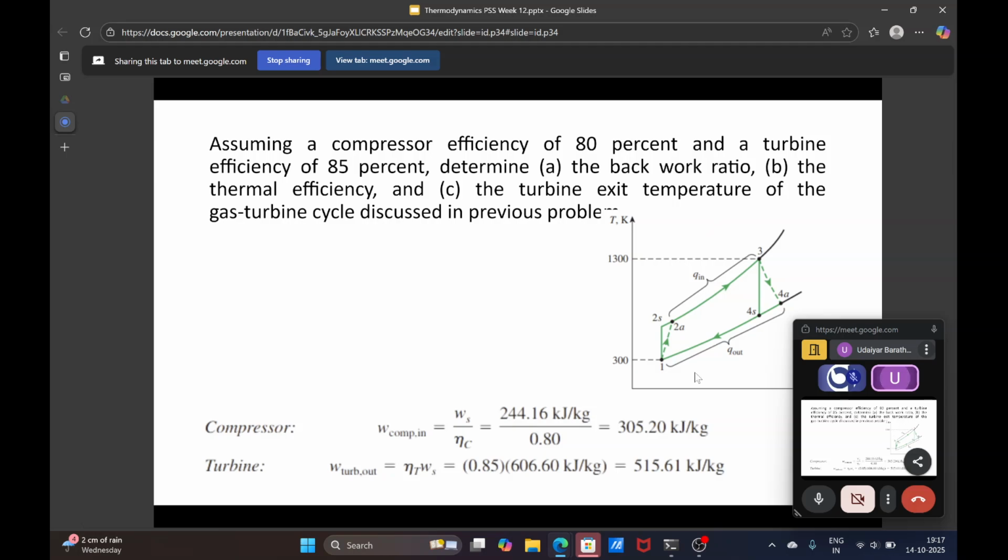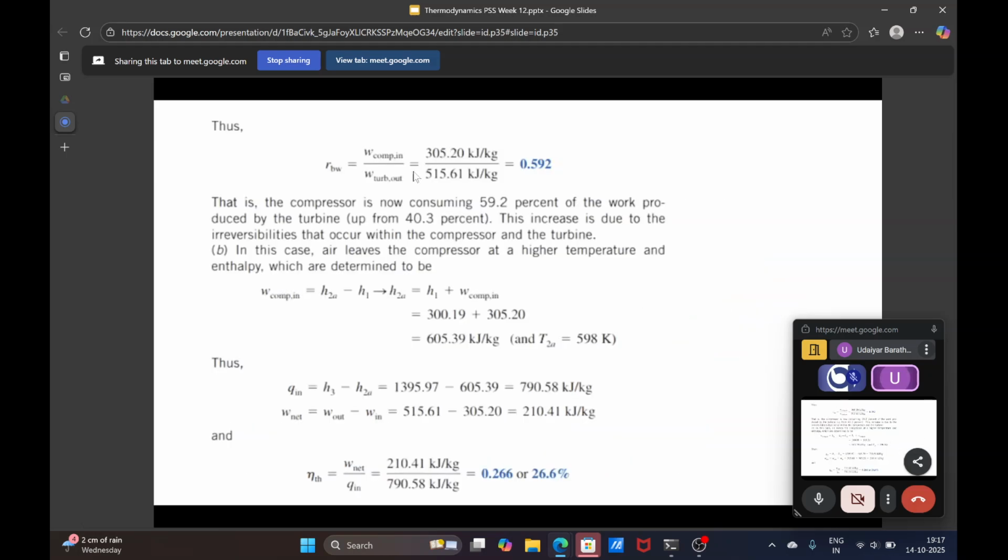With a compressor efficiency of 80% and turbine efficiency of 85%, your back work ratio has increased from 40.3% to 59.2%, and your efficiency has dropped from 42.6% to 26.6%.